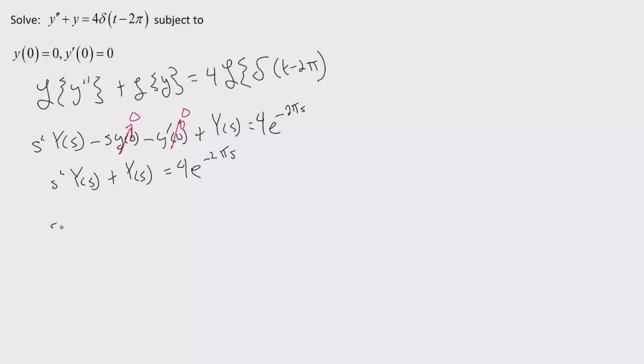So if I factor out the y of s again, y of s is equal to 4e to the negative 2 pi s over s squared plus 1.